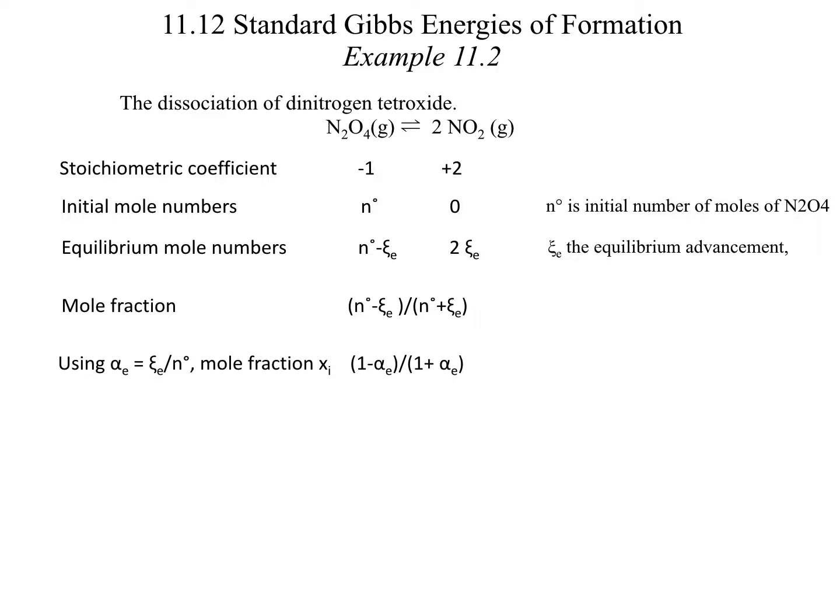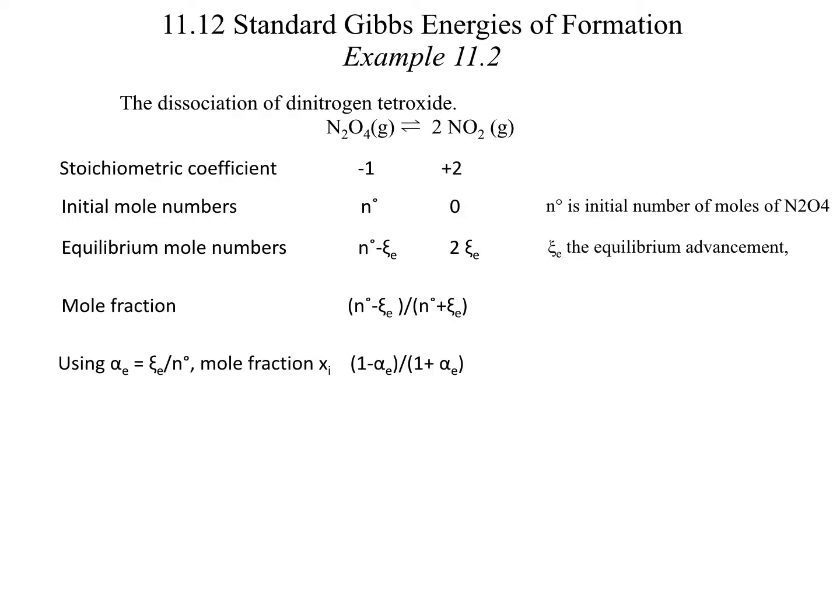And using alpha, the degree of dissociation is equal to xi e divided by N0. That's because xi e moles are produced from N0 moles, at the equilibrium. So that is the degree of dissociation. We can now calculate the mole fraction in terms of the degree of dissociation.